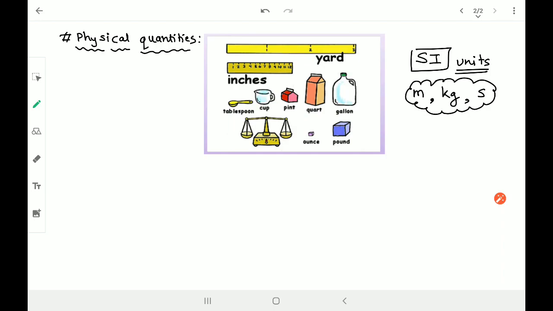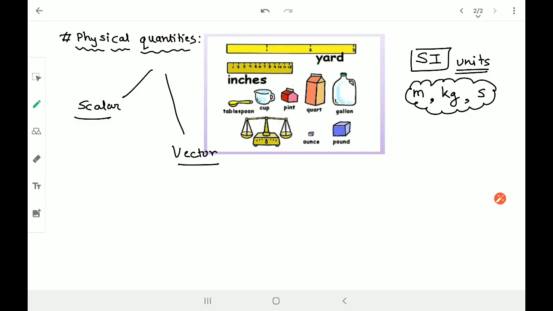Physical quantities or any quantities are of two types: one, scalar quantity, and second, vector quantity. One needs to properly understand the meaning of scalar and vector quantity. Now, what are scalar quantities?